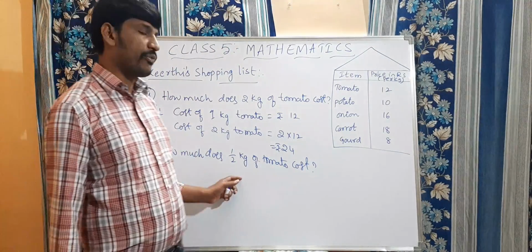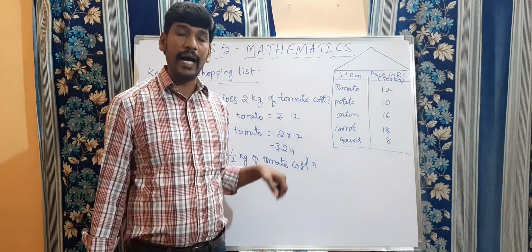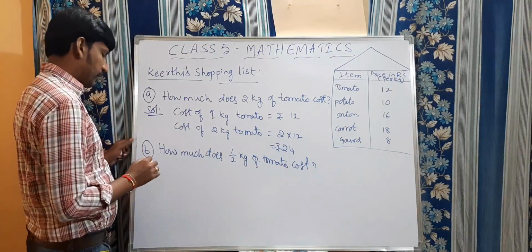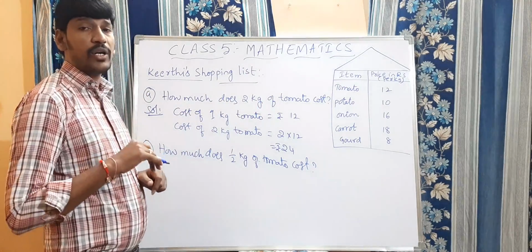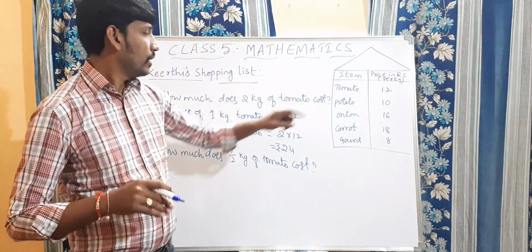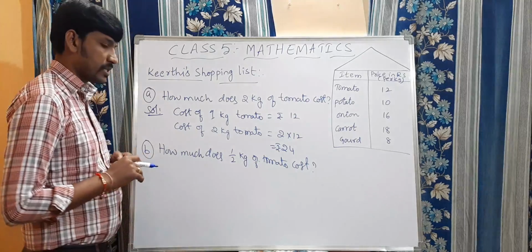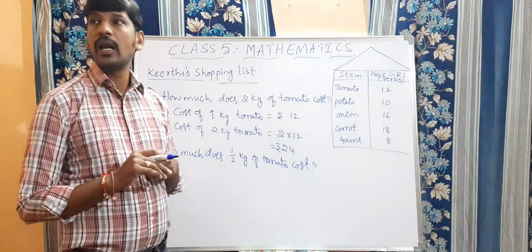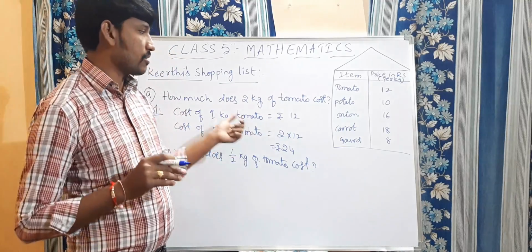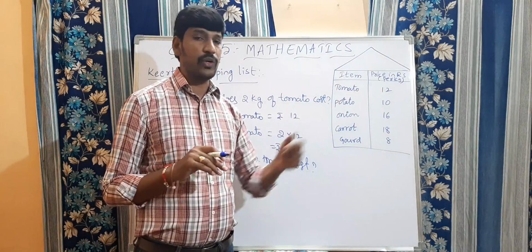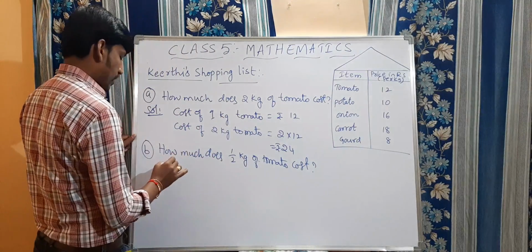So again, 1 kg equals 12 rupees, then half kg equals how much? We need half of the 12 rupees. What is half of 12 rupees? Yesterday we discussed 12 months: half year equals 6 months. Here also the same thing. 1 kg equals 12 rupees, then half kg equals 6 rupees.